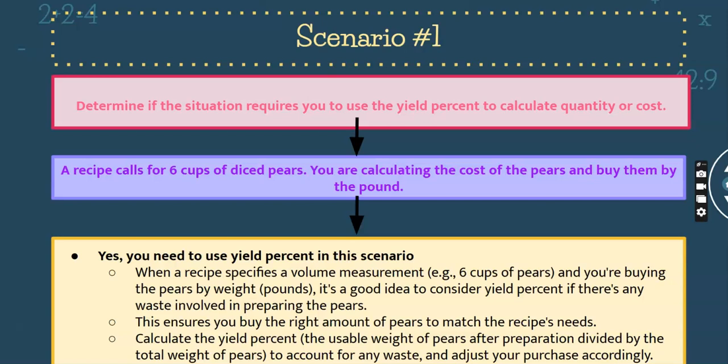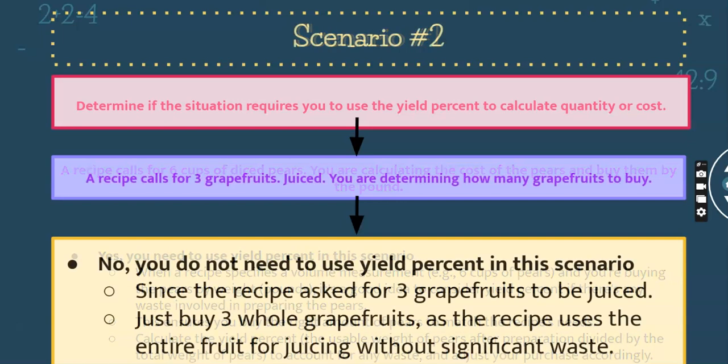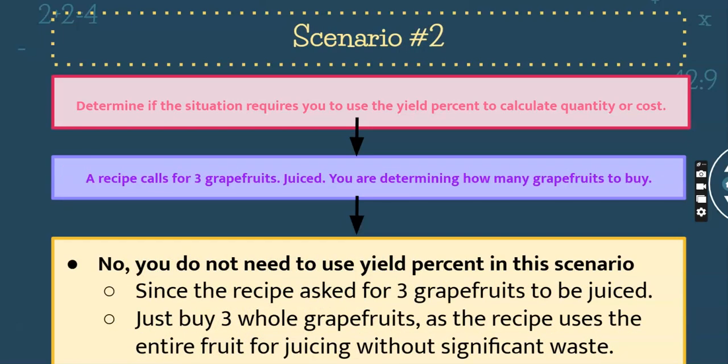So you'll calculate the yield percent, the usable weight of the pears, after you divide the total weight of the pears and then adjust with the trim. And then you purchase accordingly following those formulas. Scenario number 2: again, you're going to determine if the situation requires you to use yield percent to calculate the quantity or cost.